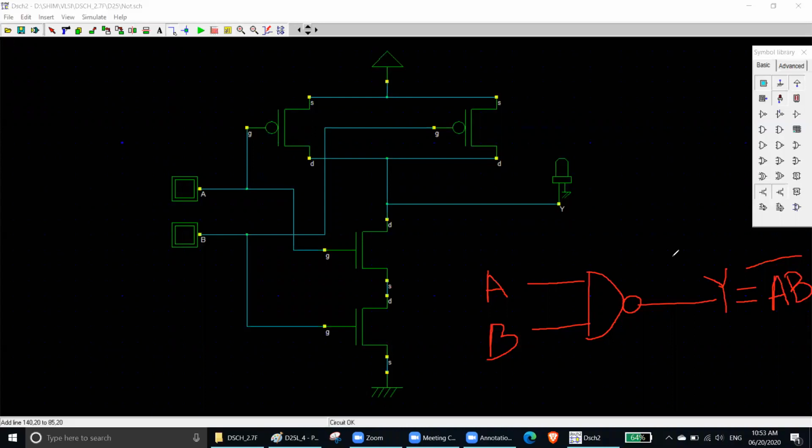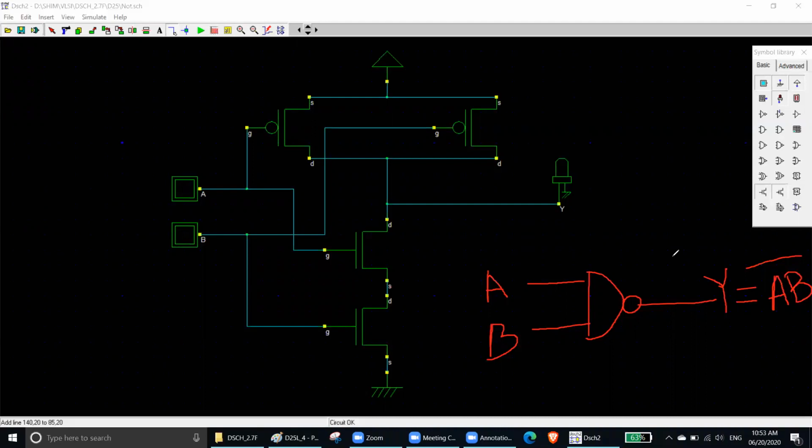So if you do not want that bar, you have to remove it manually. Otherwise, whatever you are designing, everything will have a bar.